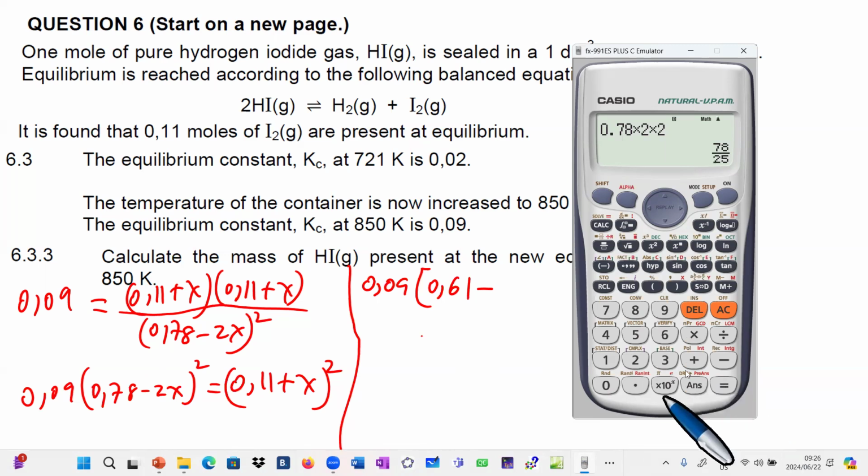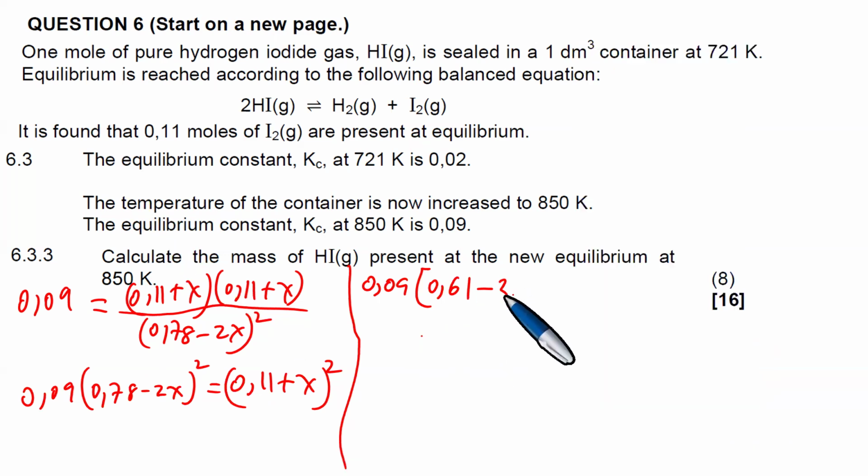The minus, I've not put it on purpose, which is 3,12. So it's negative 3,12x, plus, then you square this one, which is going to be plus 4x squared, is equal to, we need to square this guy also.